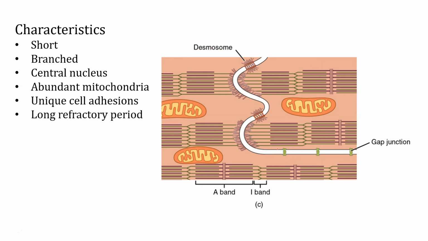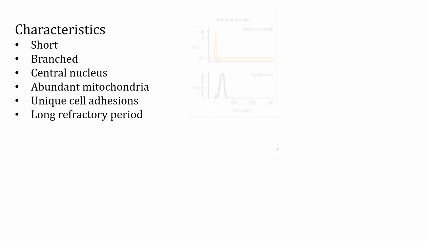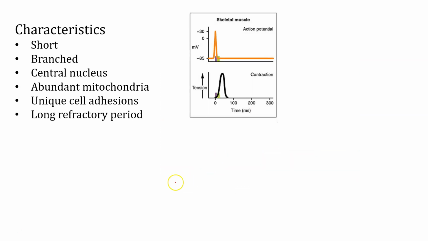Another thing that's interesting about these is they have a long refractory period. This goes back to A&P 1. The refractory period, if you don't recall, is the time it takes for a cell to reset itself before it can contract again. In skeletal muscle, if we send a nerve impulse to it, there's a pretty quick turnaround: the action potential passes along the nerve, and shortly thereafter there's the contraction.